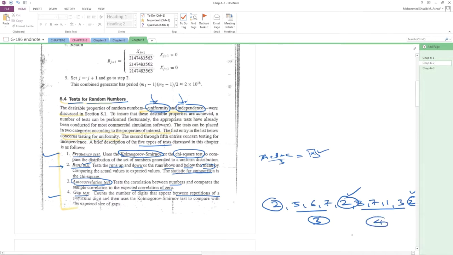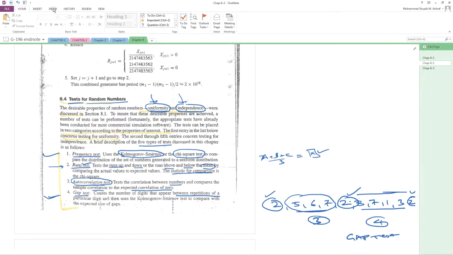So this is the gap test. When a digit is repeated one more time, we calculate how many digits are in between. Here is the 2, here also 2, so in between we have 3 digits. Again, from here to here we have 4 digits. This is known as the gap test.